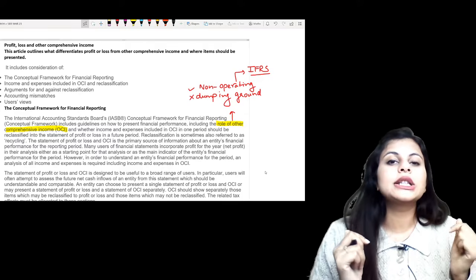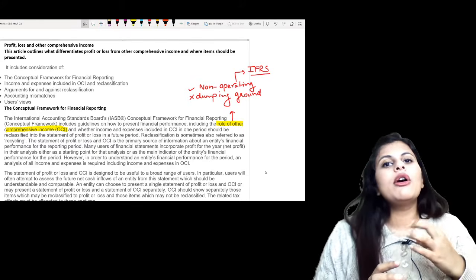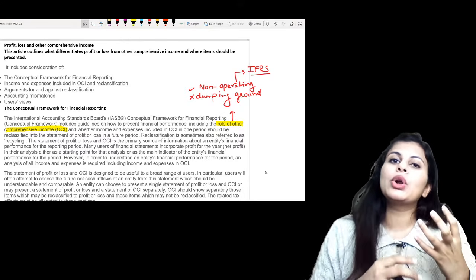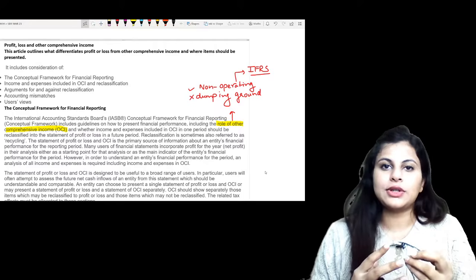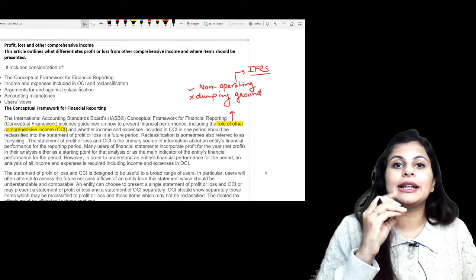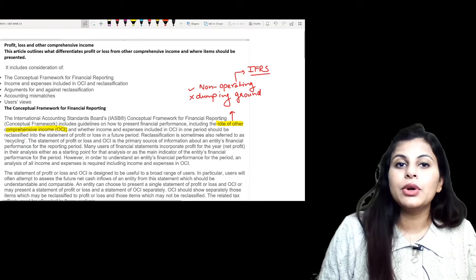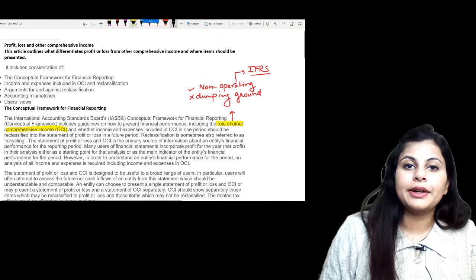I'll also put it in the description box. We already have information on what goes into P&L and what goes into OCI, but I will also briefly discuss it today. But the most important part of this technical article, technical article number 2, is this part.